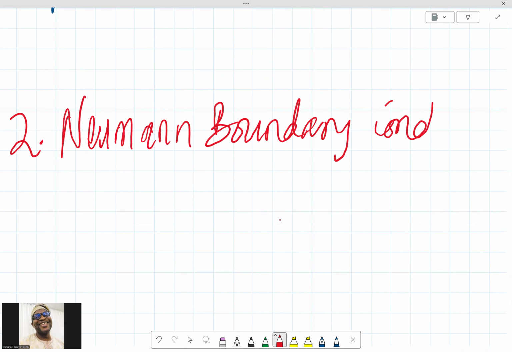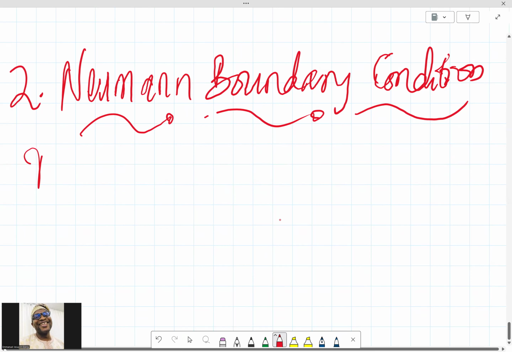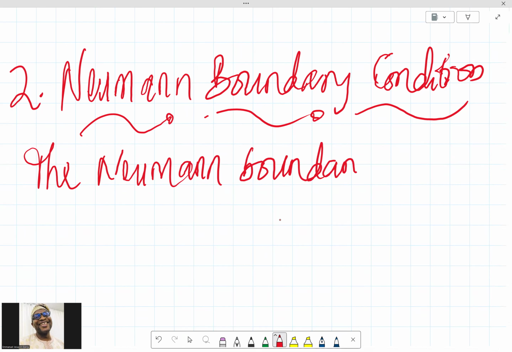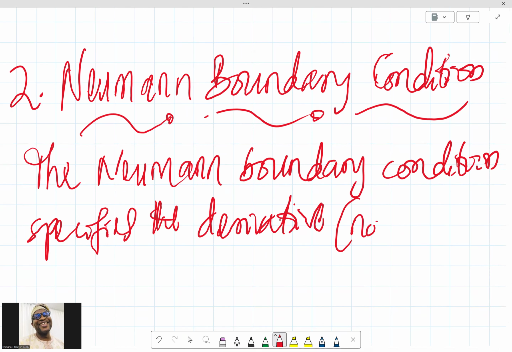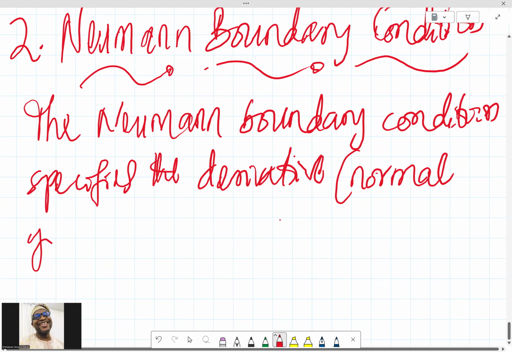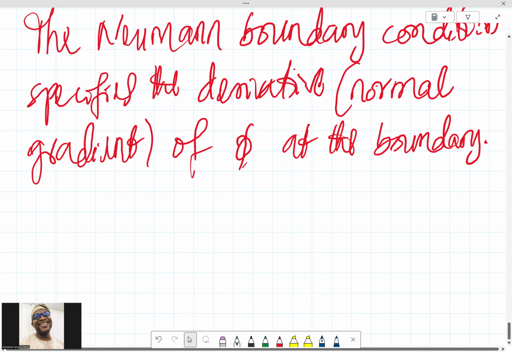Where the Dirichlet talks about the potential function itself, the value of the potential function, the Neumann boundary condition specifies the derivative, which we can call the normal gradient of phi at the boundary.